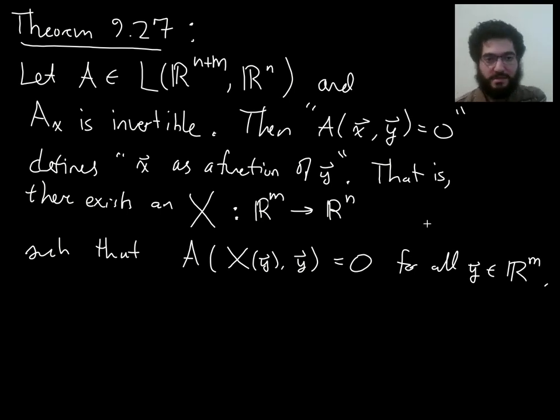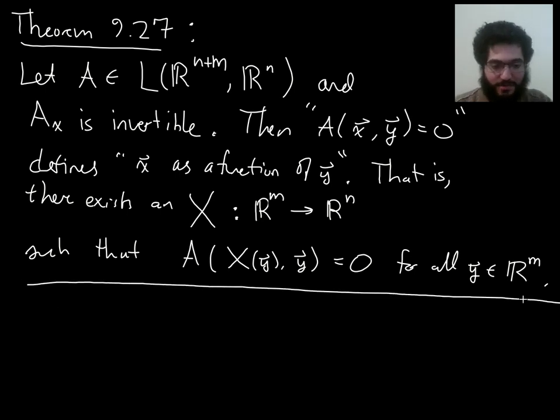There. So that's the linear version of the implicit function theorem. And as you will see, the proof is nothing. The difficulty is just stating it and interpreting what it means and deciding that this was something we needed in the first place.